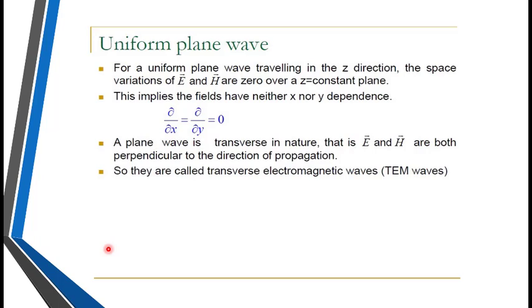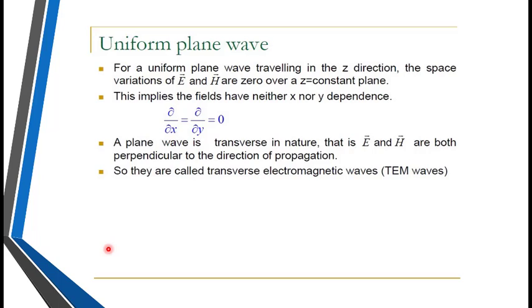They will not depend on the x variation and they will not depend on the y variation. So this means dou by dou x and dou by dou y of that particular wave are equal to 0.